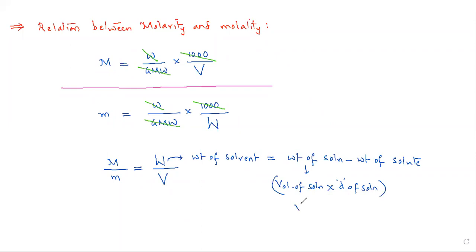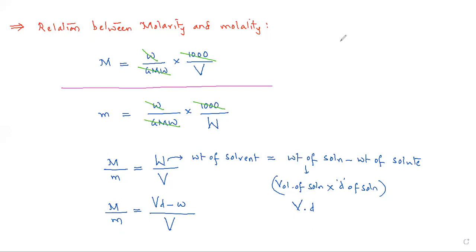So let me write this as V into D. So overall, the weight of the solvent can be written as Vd minus small w. Or else you can also convert this volume of the solution into weight if required. So this is the relation we normally use.